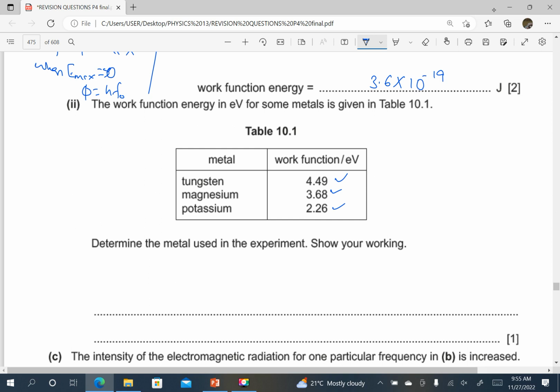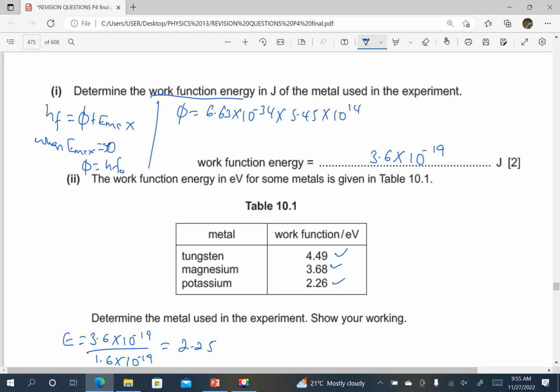So energy is equal to 3.6 times 10 power negative 19, and I divide this by 1.6 times 10 power negative 19 to get the energy in electron volts. So 3.6 divided by 1.6, and I'm getting 2.25. You notice that it must have been approximately potassium. I can go back and see if I can change the work function to more significant figures. Let's check.